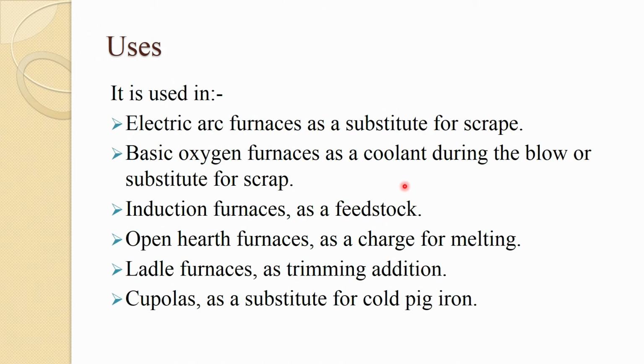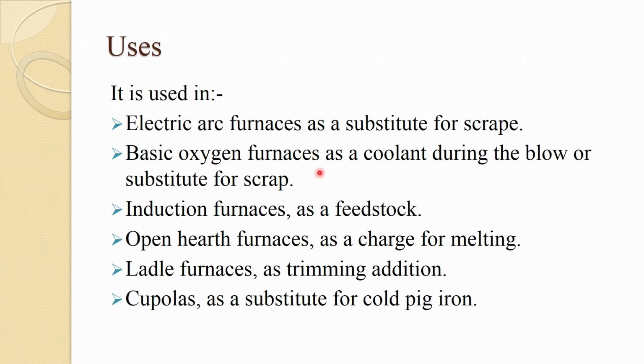And the usage of DRI is usually in the electric arc furnace as a substitute for scrap. So, when scrap is not there, it can be a substitute for that for steel making.